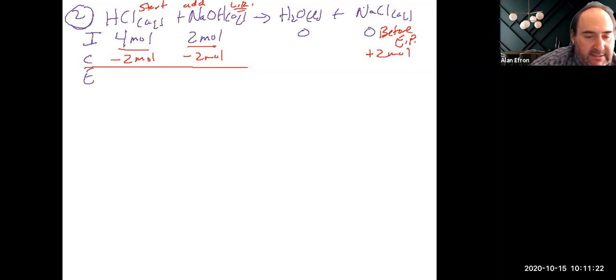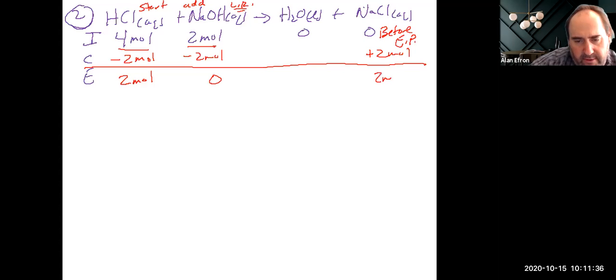Again, it's going to get all used up, since we haven't added enough to use up all of the HCl. At this point, I will end up with 2 moles of HCl, nothing here, and 2 moles of my sodium chloride. Question on this ice table?